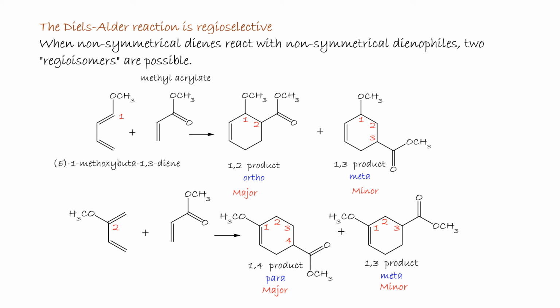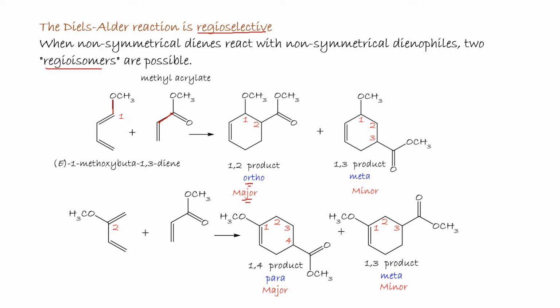The Diels-Alder reaction is regioselective. When a non-symmetrical diene reacts with a non-symmetrical dienophile, two regioisomers are possible. If we react E-1-methoxybuta-1,3-diene with methyl acrylate, we expect to get the 1,2 adduct, where the two substituents are 1,2. We call it ortho, adjacent to one another.